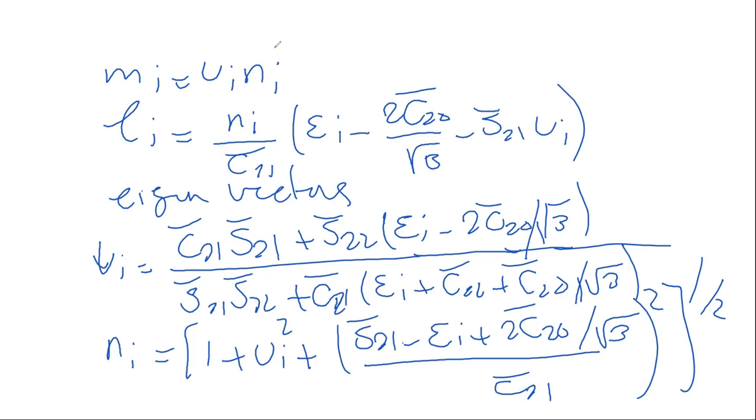So based on these eigenvectors, you can compute latitude and longitude of the points that the axes of the inertial coordinate system are pointing to.